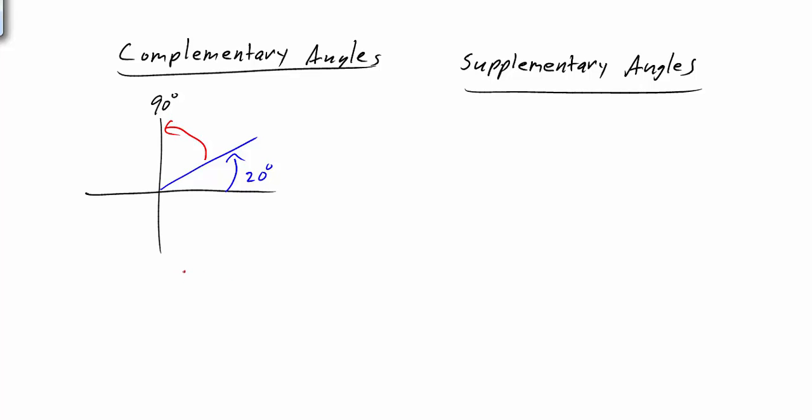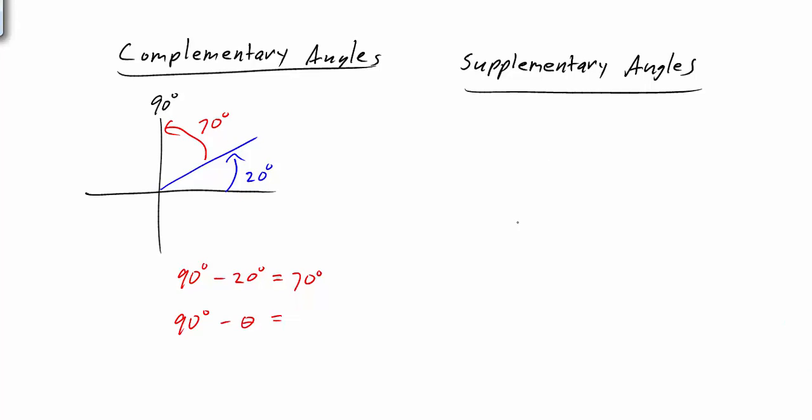So that's just going to be simply 90 degrees minus 20 degrees, which would simply be 70 degrees. So anytime you're trying to find a complement, you're going to take 90 degrees minus whatever angle you're given. That will give you your complementary angle.